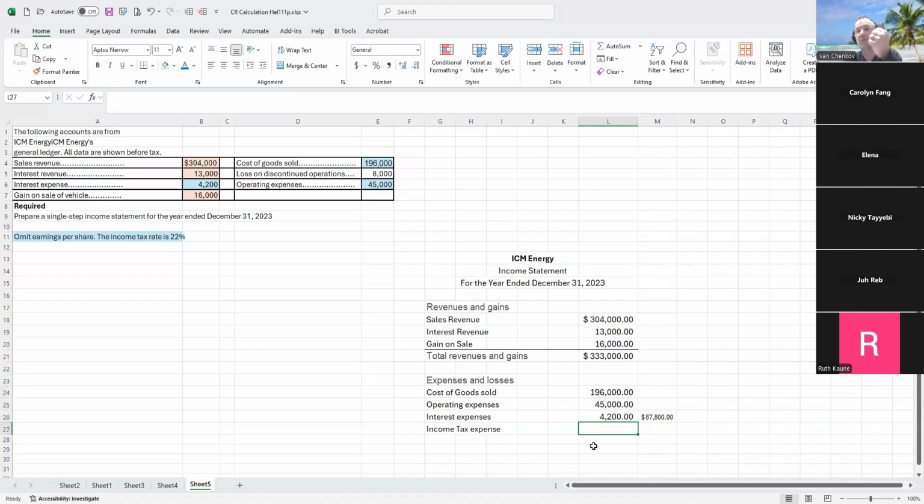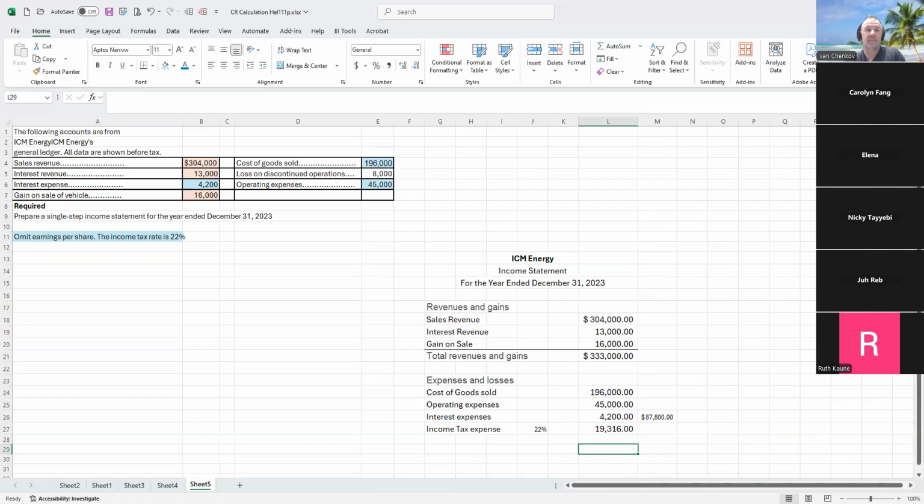So on that, we have to calculate the income tax, 22%. So let's get those 22%. This amount times 22%. And that will be our total expenses.